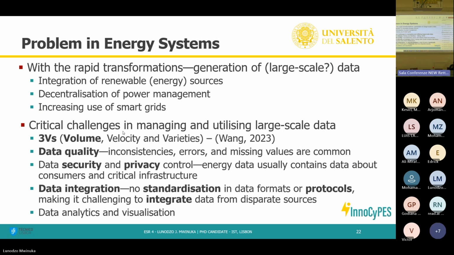There is also a concern of data integration, because there is no standardization, like if you are storing data in a certain architecture you need to follow a certain format, or communicate data using certain protocols, and we do not have that. So reading and managing data in energy systems generally becomes a challenge. Everyone is working with certain data, and all of these data are in totally different shapes.